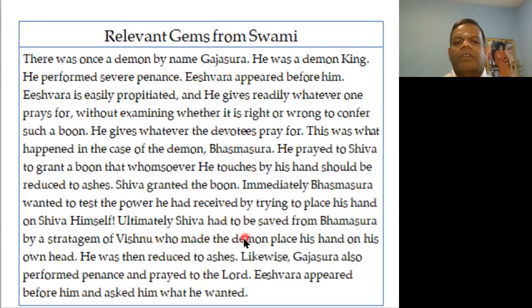Ultimately, Shiva had to be saved from Bhasmasura by the stratagem of Vishnu, who made the demon place his hand on his own head. He was then reduced to ashes. Likewise, Gajasura also performed penance and prayed to the Lord. Ishvara appeared before him and asked him what he wanted.